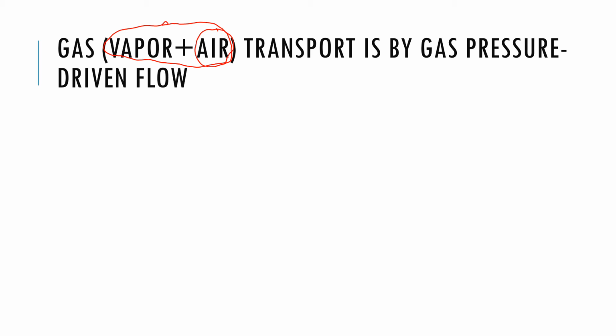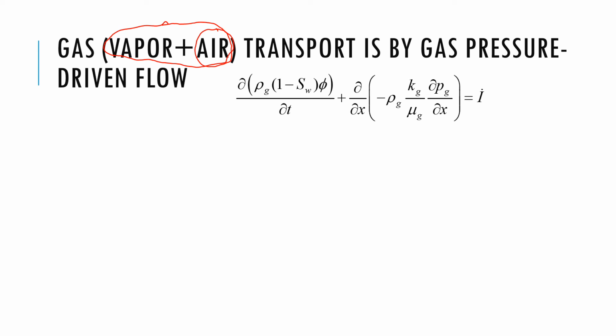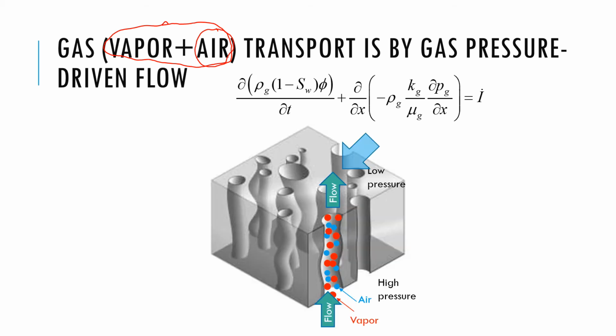So this vapor plus air transport is by flow only. So in this equation, you notice there is no diffusion term because the gas together, vapor plus air, is not diffusing. So we only have the flow term, and the flow is due to pressure gradient from high pressure to low pressure. And of course, this I dot term is still there.